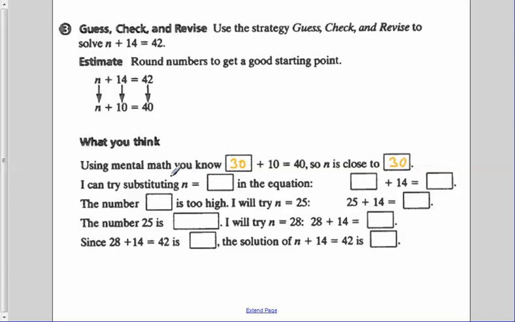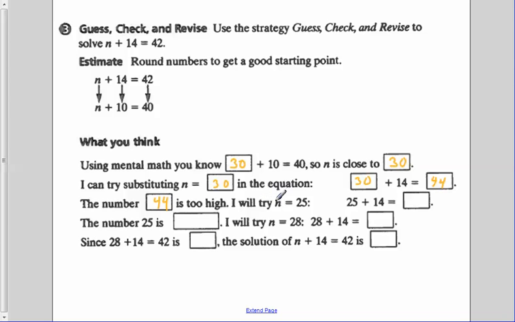And I can try substituting n equals 30 in the equation, so 30 plus 14 is going to give me 44. So the number 44 is going to be too high.